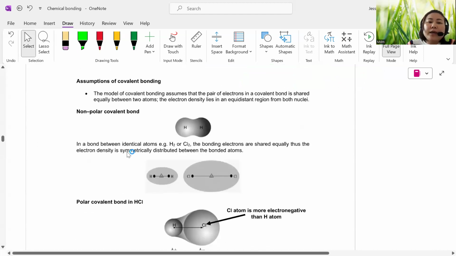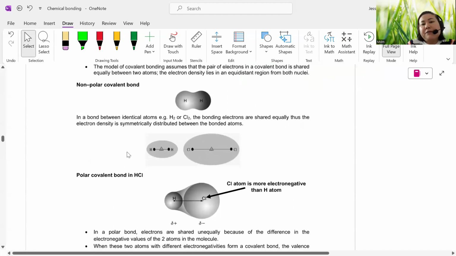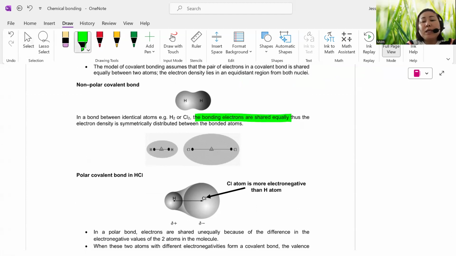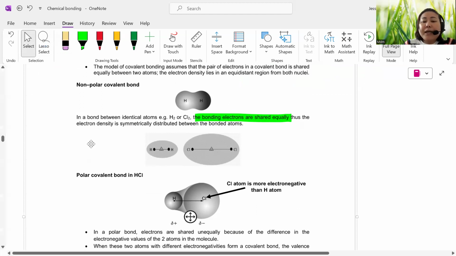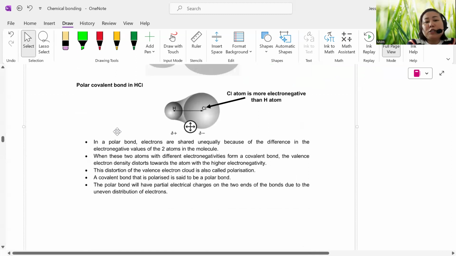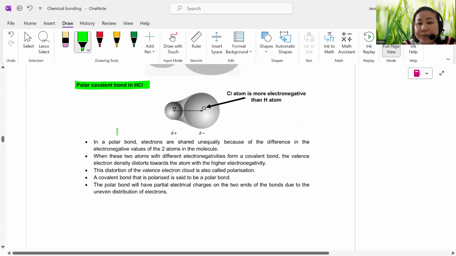When we look at a non-polar bond, for example, in hydrogen, H2, or Cl2, definitely the bonding electrons will be shared equally because there will be no electronegativity difference between them. Right? So in this case, there will not be any partial charges being developed. But if we look at a covalent bond which is polar, like HCl, Cl being more electronegative than hydrogen, the electrons will not be shared equally now.